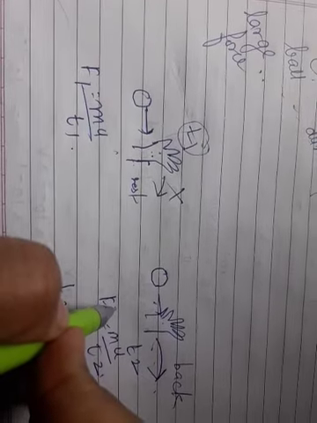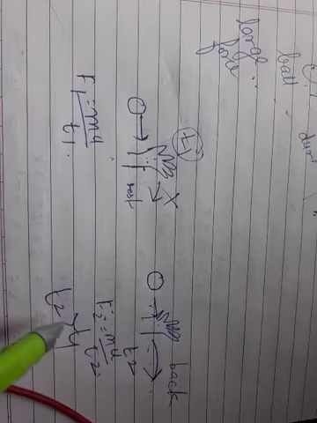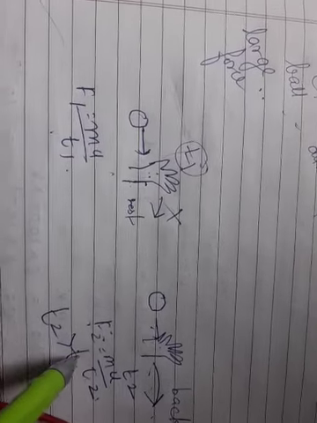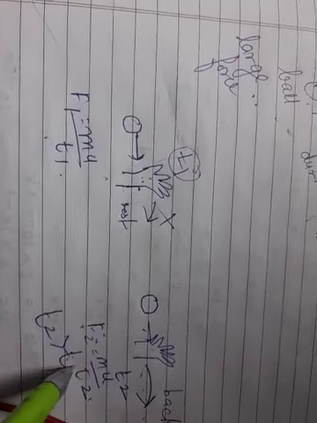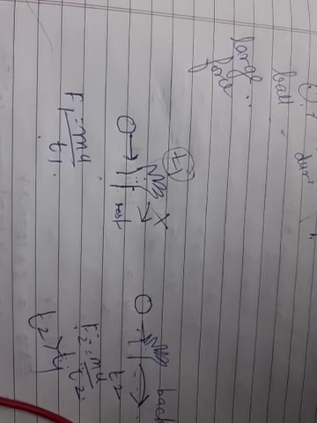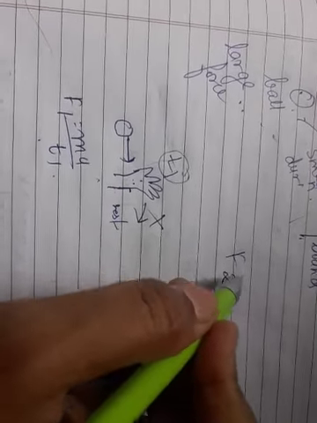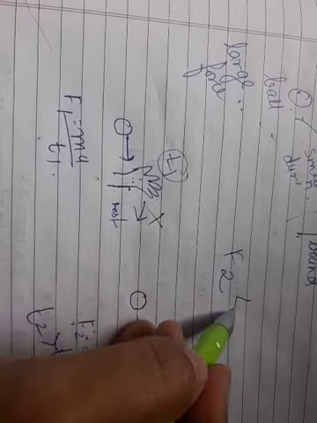Then who will have more force, F2 or F1? The force exerted on the hands of the cricketer by the fast moving ball is less when he withdraws the hand. Sorry, F2 will be less. F2 will be less than F1.